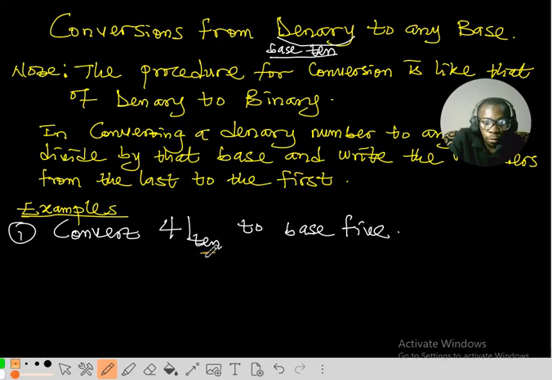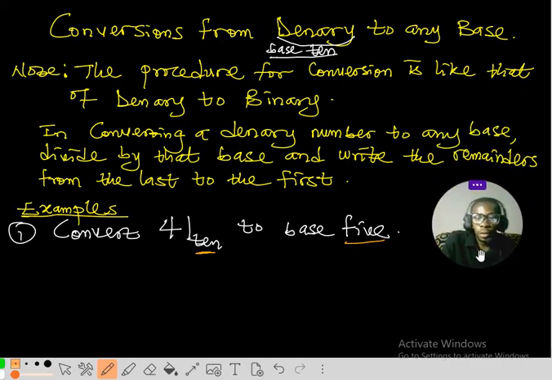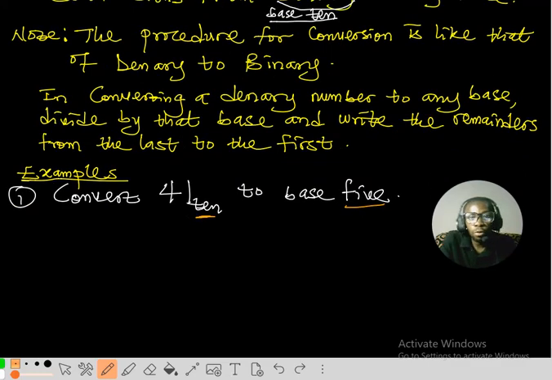Watch, 41 base 10. If I'm converting 41 base 10 to base 5, I'm going to divide 41 by 5 instead of 2. Now the base has been given as base 5. So how do I proceed? Note, the procedure for conversion is like that of denary to binary.